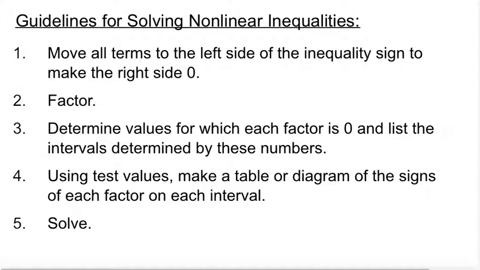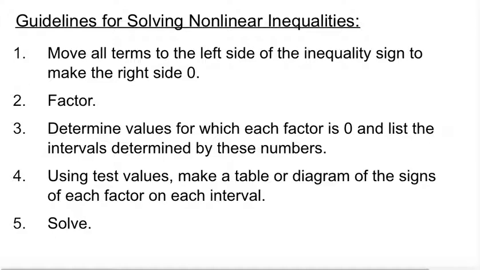So we're also going to solve some nonlinear inequalities. The ones we've been working with are linear inequalities because your x terms are just x to the first power, so 3x and x and 2x and negative 2x. We're going to look at some nonlinear inequalities. So here are some steps. We're going to be looking at probably some quadratics first.